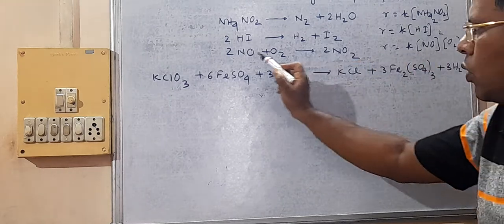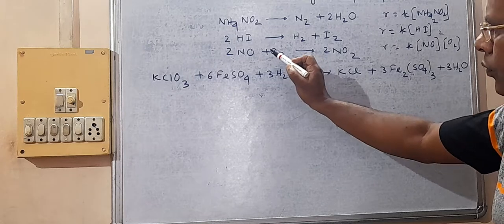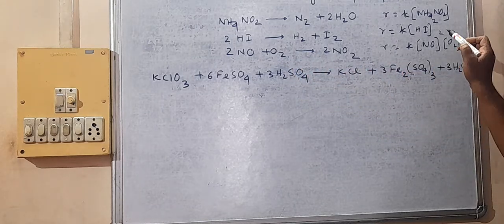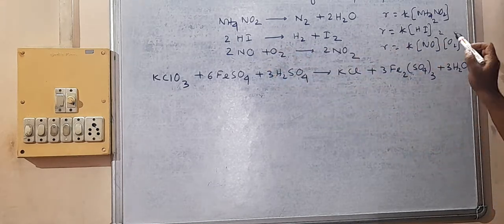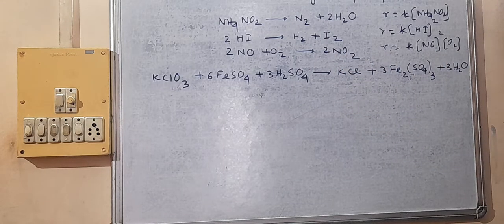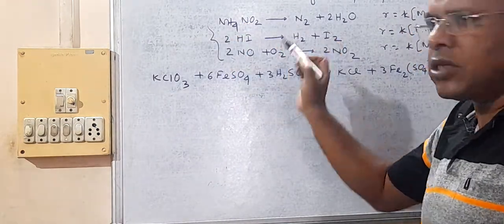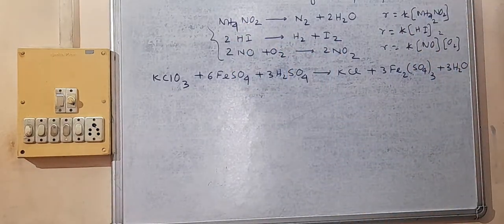So it is also an elementary process, and it is a third order reaction, second order with respect to NO and first order with respect to O2. So these are all processes which take place in one step, and these are called elementary processes.